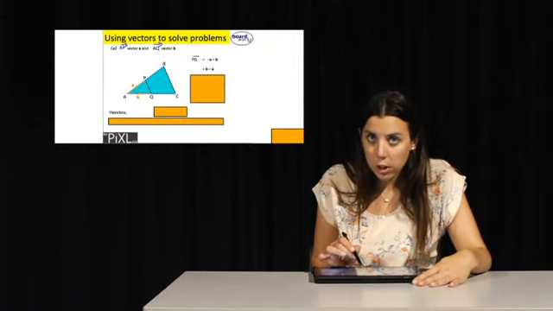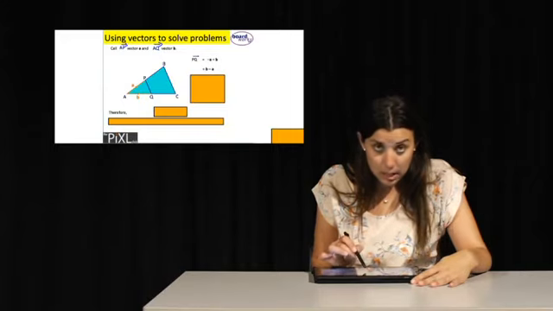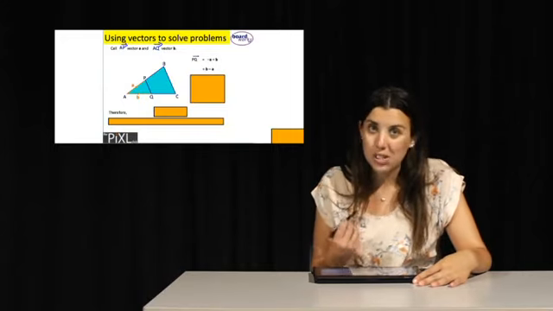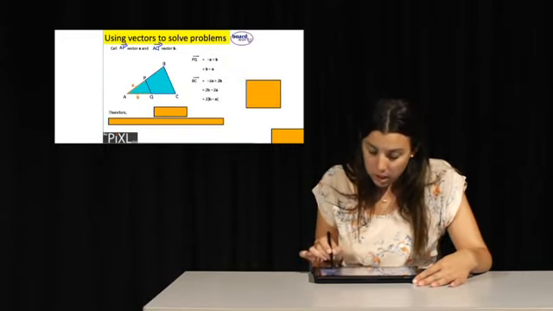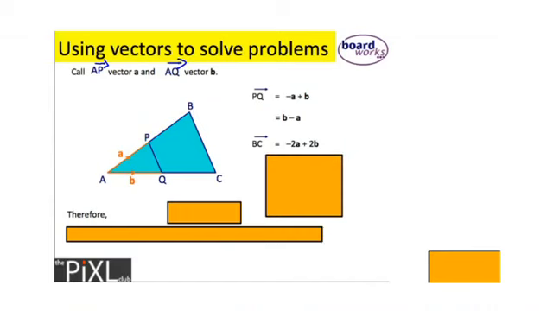Our next step is to look at the vector BC, the parallel line which is double the length. So looking at this one, we want to go from B to C. We know that P is the midpoint.